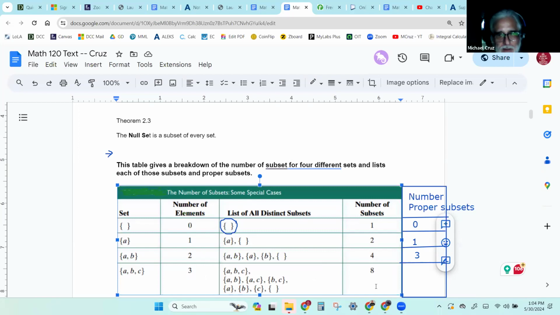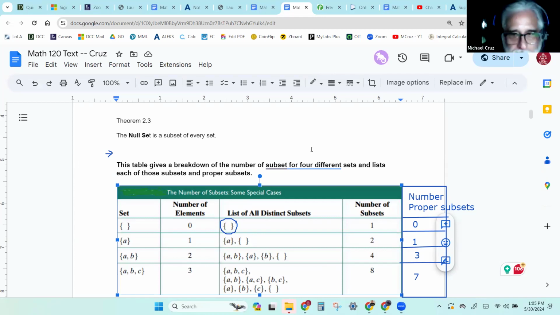And in this case, it would be the top one, the one that's exactly like the set there to the left. So there we got how subsets work.